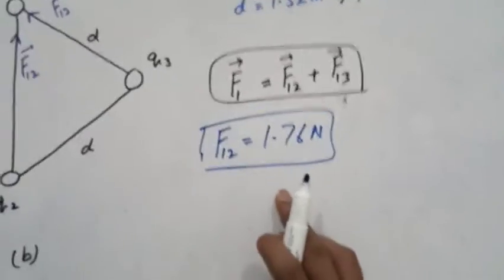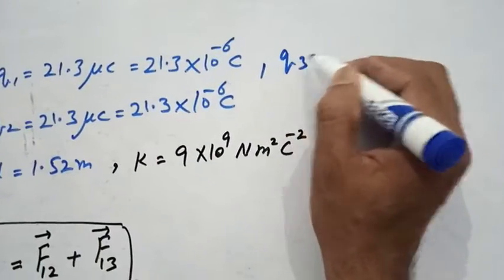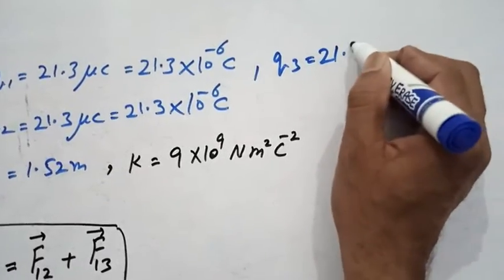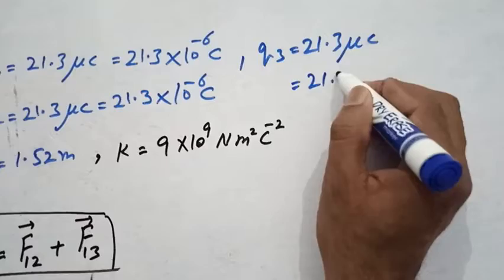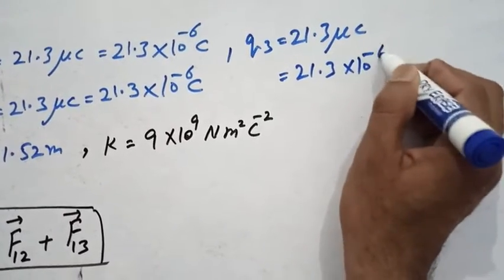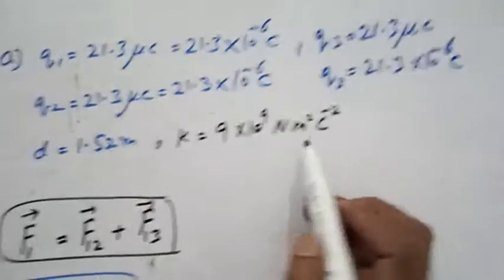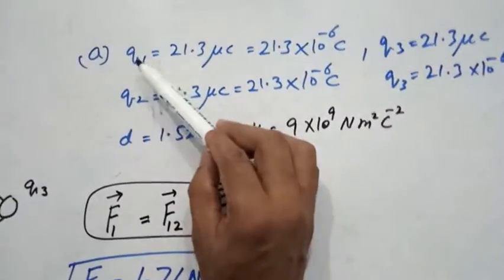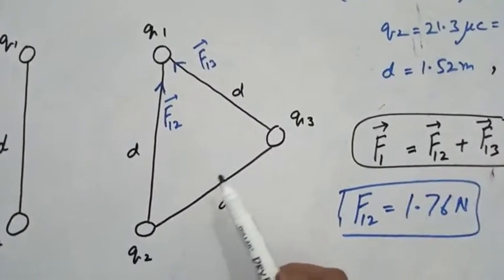As we know, the magnitude of charge q3 is given as q3 is equal to 21.3 microcoulombs, that is 21.3 into 10 to the minus 6 coulombs. As we can see, all three charges have the same magnitude and they are equally separated from each other.